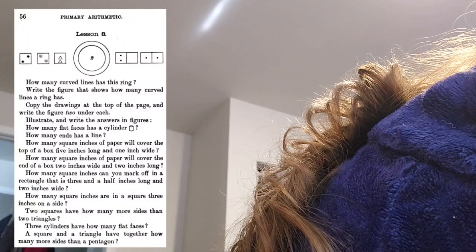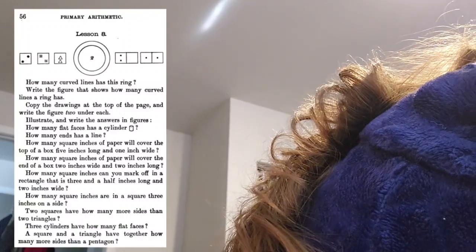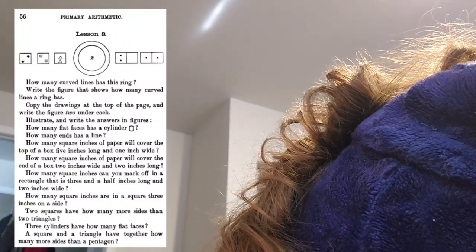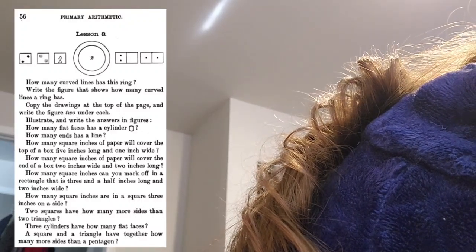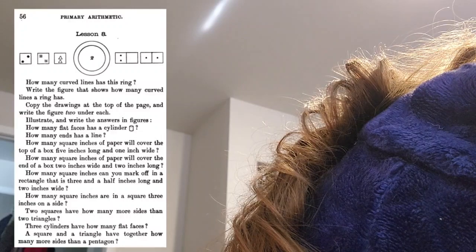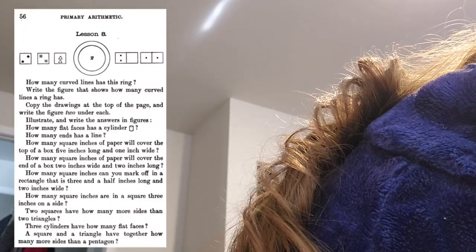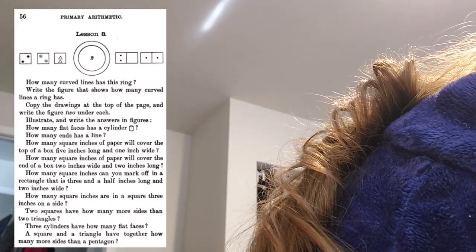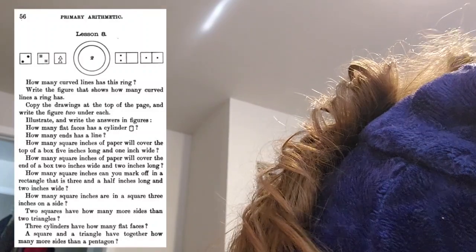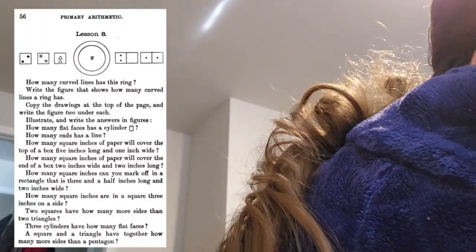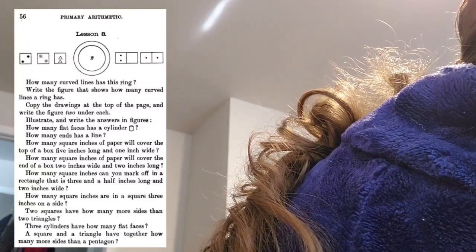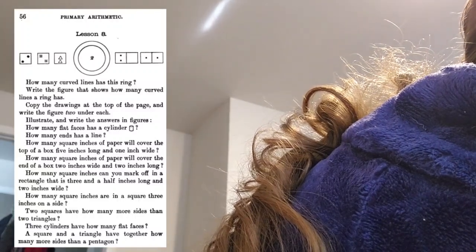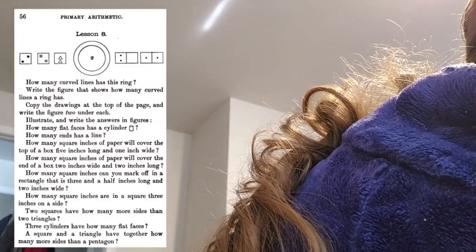A square and a triangle have together how many more sides than a pentagon? Okay, a pentagon has 5 sides. A square and a triangle has 4 and 3. Oh, that's 7 sides.